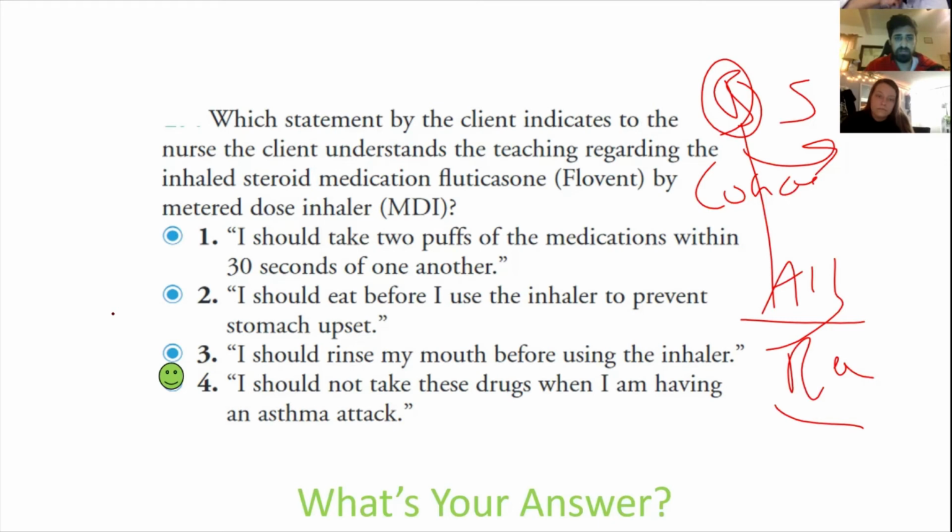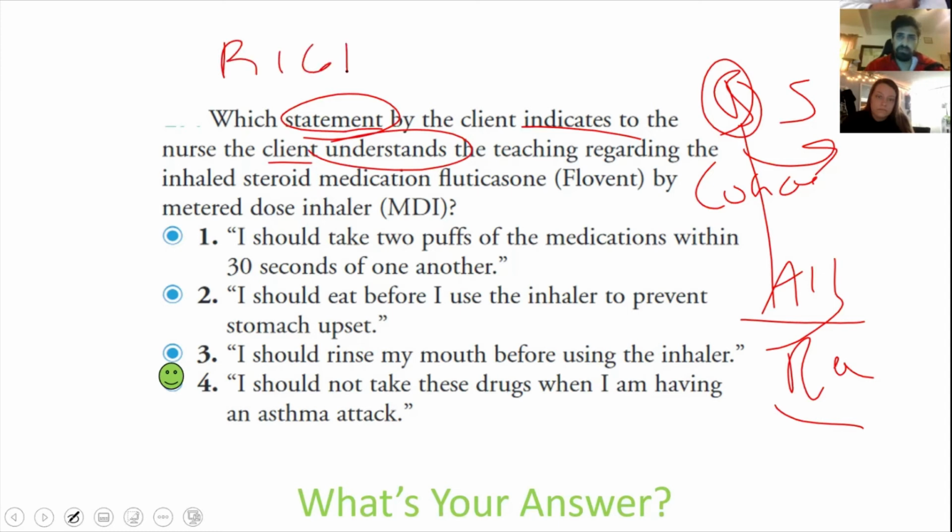So let's talk about it. The statement indicates the client understands, so looking for something correct, right? Regarding inhaled steroid medication. Now, generally on an NCLEX, they would never have this. They would say just this, metered dose inhaler.